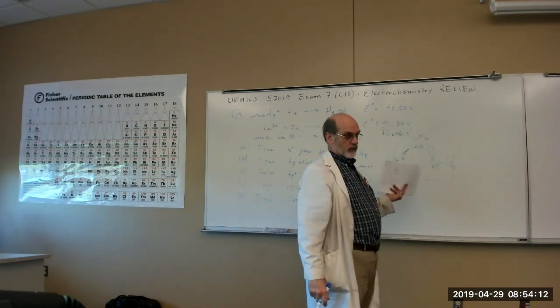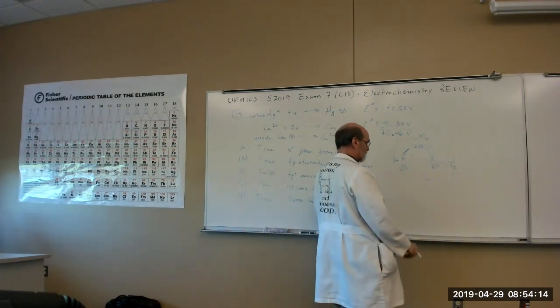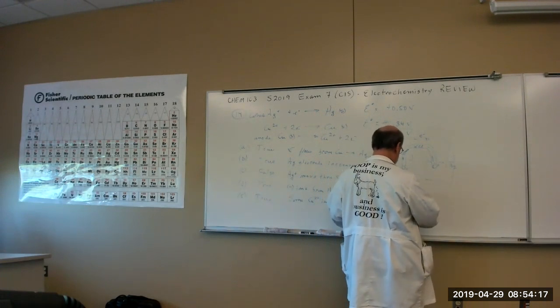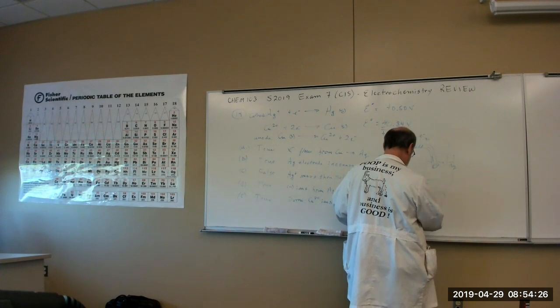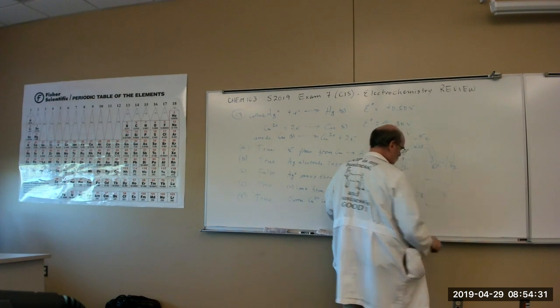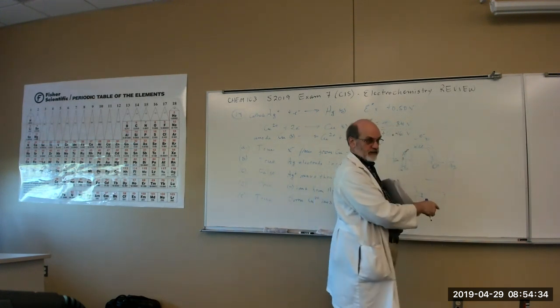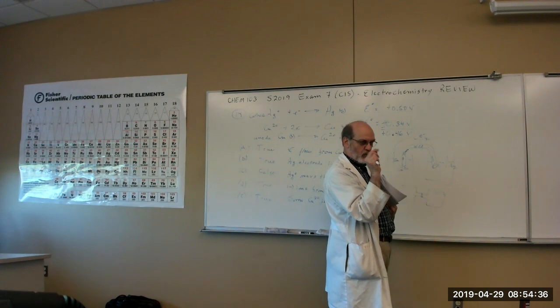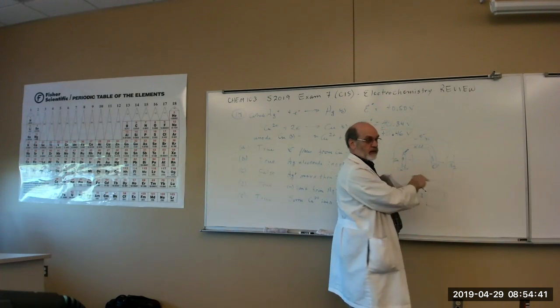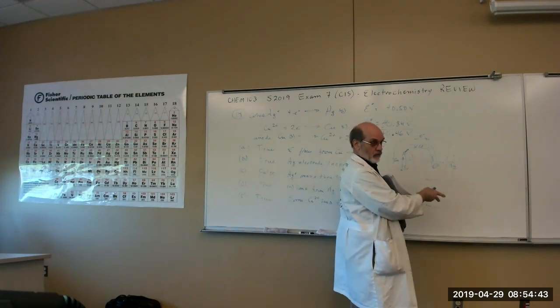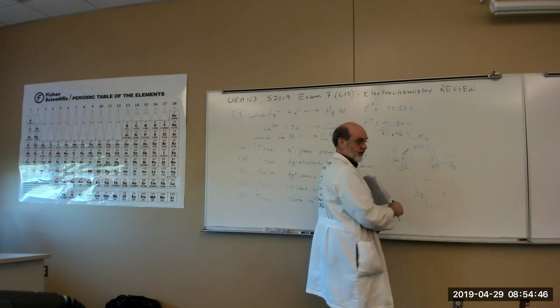You don't have to use a salt bridge. If you have a device set up with one cell on this side, one cell on this side, you can have a porous disc with very, very small pores. Just be sure that you don't get wholesale mixing between the two cells. You just have ion movement. That's a more efficient cell.